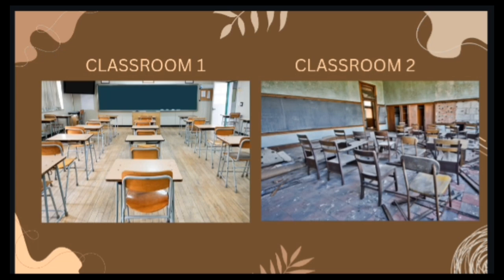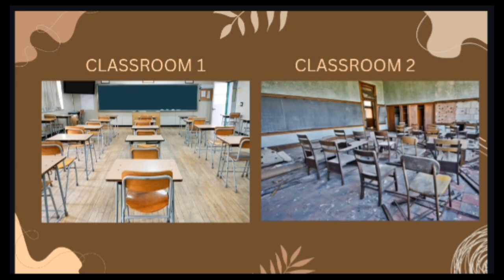So 5 is, is there a picture or any other fixtures that distract student attention from learning? So in classroom 1 there are no pictures, right? You can see, so the students are not distracted. Well, in classroom 2 there are unnecessary things hanging on the side, so the students get distracted.